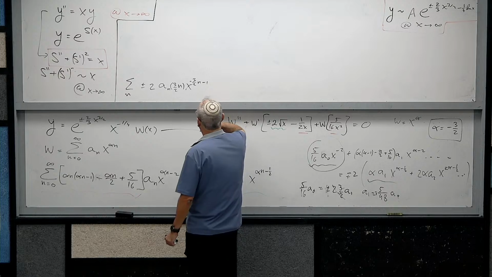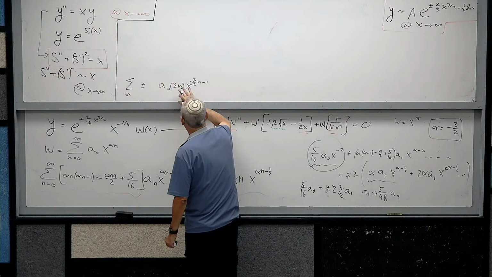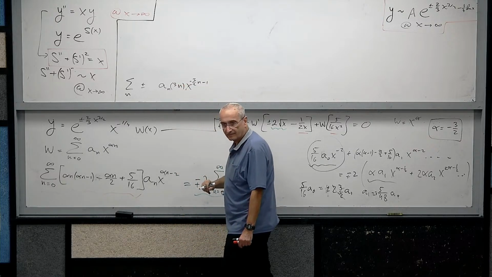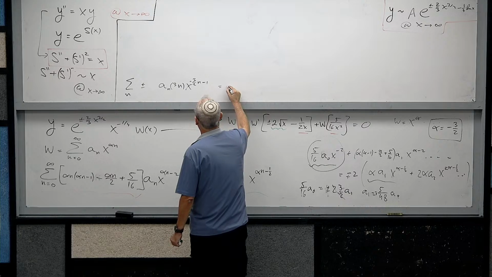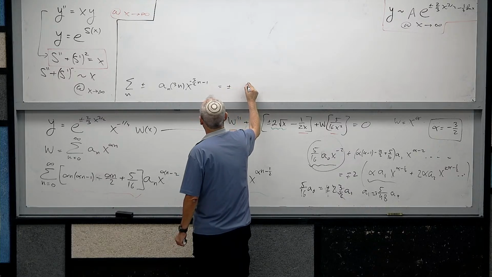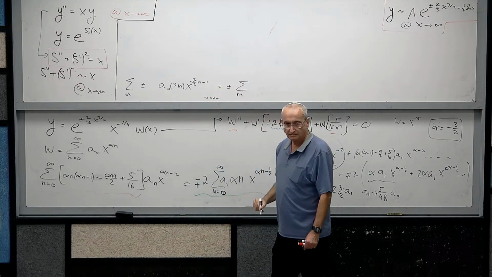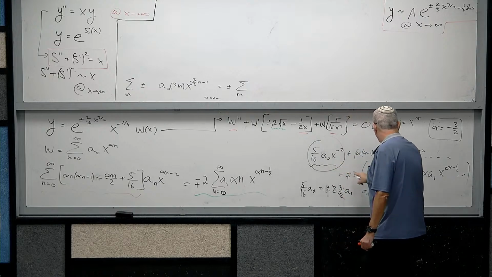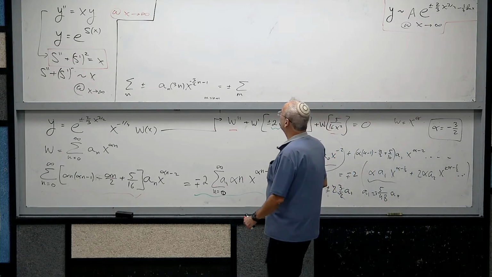Now, this 2 cancels with that 2. I have 3 here. And I would like to write it as plus minus sum over m, where m is n plus 1, because I've seen that the A0 here determines the A1 here. So m is n plus 1.